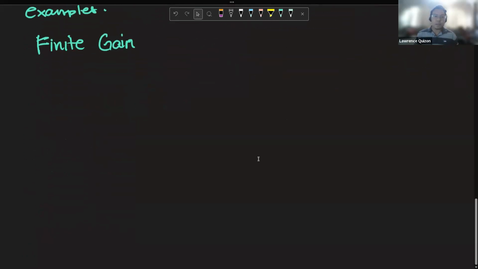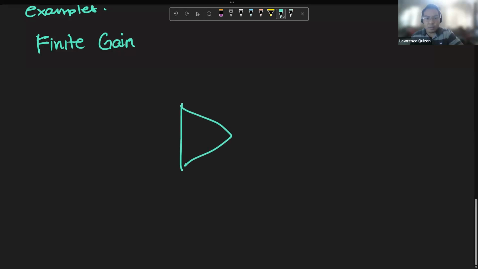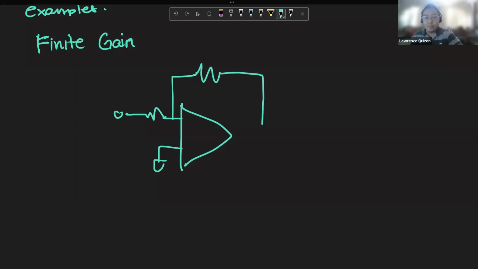All right, so for finite gain, let's say we have, again, the circuit is worn out, but let's use it again. We have R1, we have R2, then we have the output voltage and the input voltage. This is your inverting input.